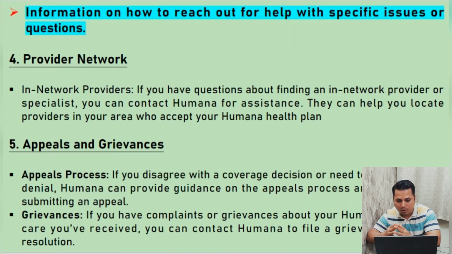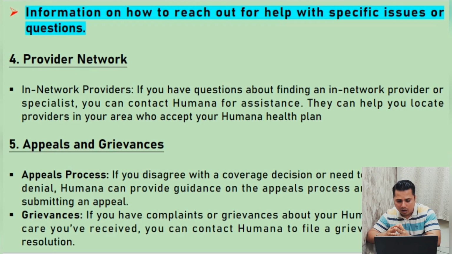Number four, provider network. In network providers. If you have questions about finding an in network provider or specialist, you can contact Humana for assistance. They can help you locate providers in your area who accept your Humana health plan.